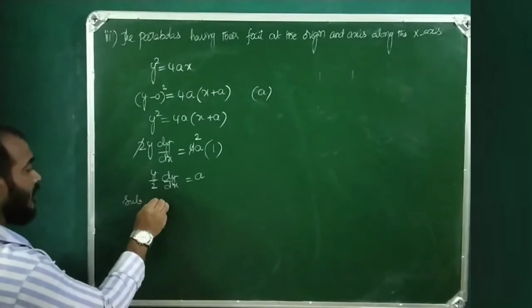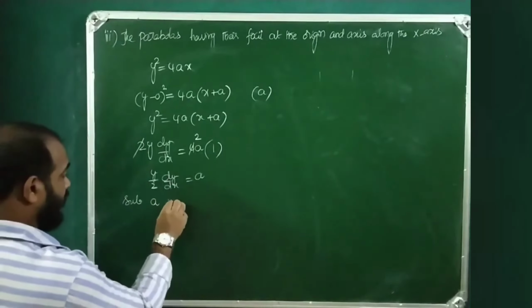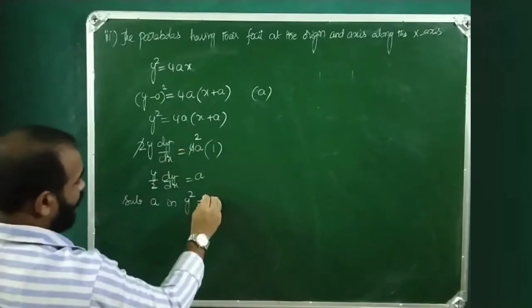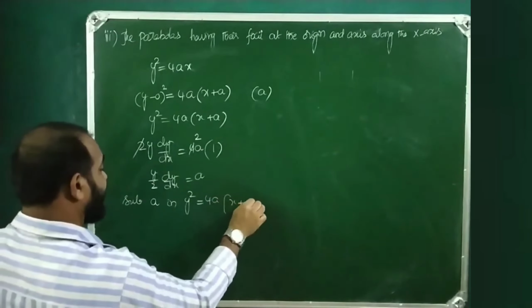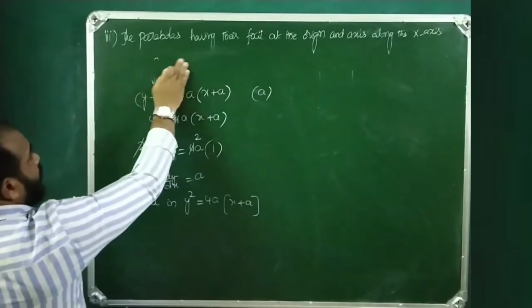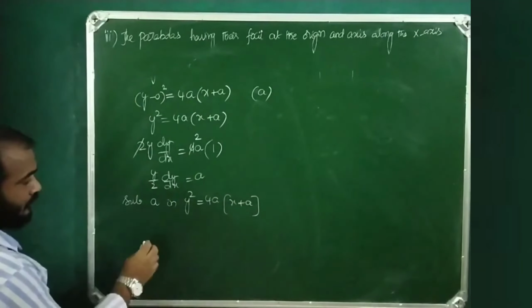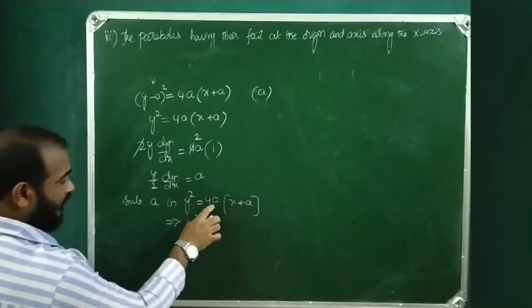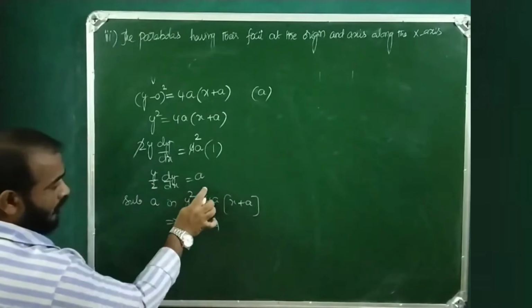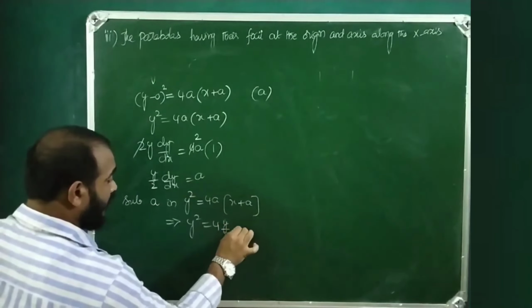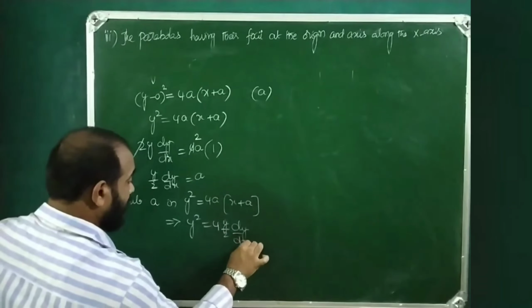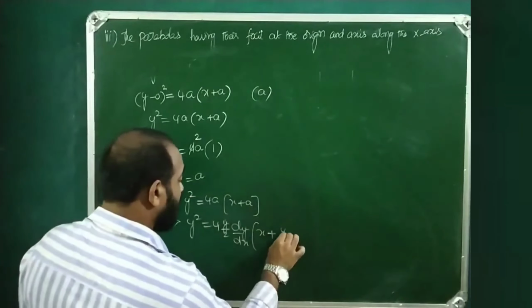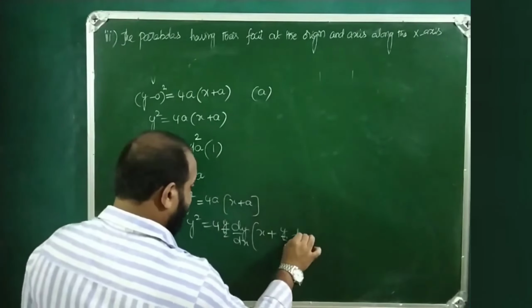Substituting a in y square equals 4a into x plus a, we get y square equals 4 into the value of a, which is y by 2 dy by dx, into x plus the value of a, which is y by 2 dy by dx.